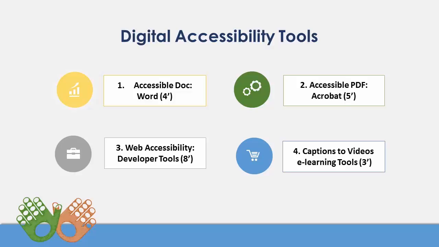So next, we will first talk about making an accessible document in Word. And second, we will talk about making accessible PDF in Adobe Acrobat. And third point is about web developer tools to check the web accessibility. And last, we will talk about adding captions to videos with those e-learning tools.